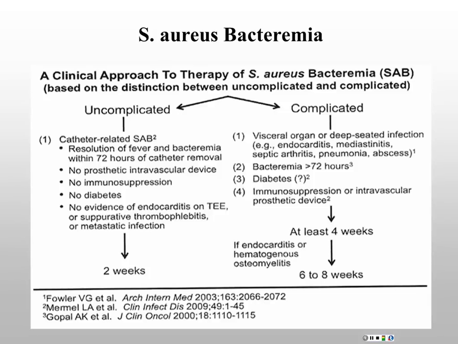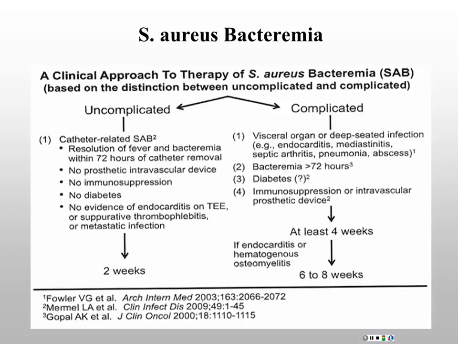If you have complicated infection, such as with infective endocarditis, it will make the duration longer. If you are immunosuppressed, if you have persistence of bacteremia beyond 72 hours, you may need 4 weeks. Endocarditis or hematogenous osteomyelitis will increase further the duration up to 6 to 8 weeks.